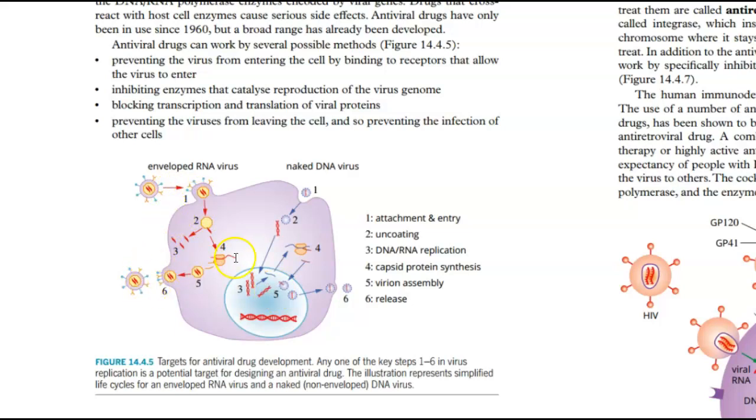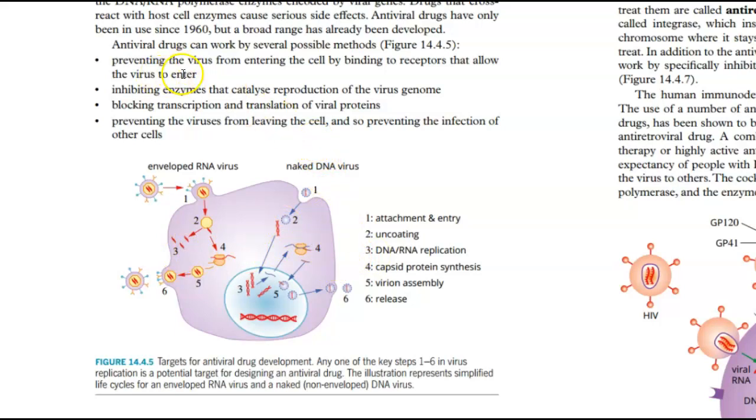It needs to be able to insert its genetic material into that cell, and then have the cell either incorporate the gene as part of its own DNA and perform transcription and translation, or just have the gene itself in the nucleus being read and transcribed and translated to produce more viral parts. And if we can block that activity at any one of those points, then we've got an effective antiviral drug.